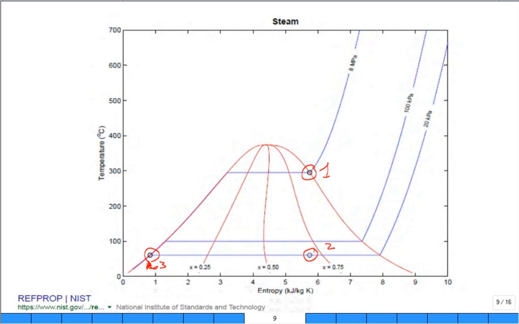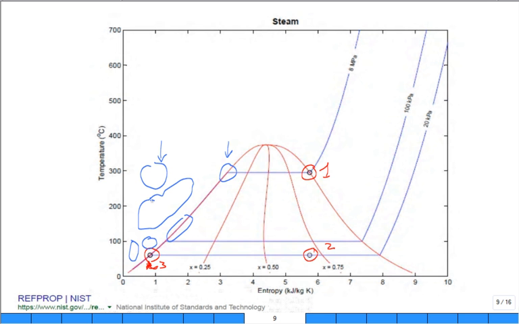Some students will put state 4 kind of where it was before, around that vicinity. Others say it's in this vicinity, or I've even seen state 4 over in this greater vicinity.